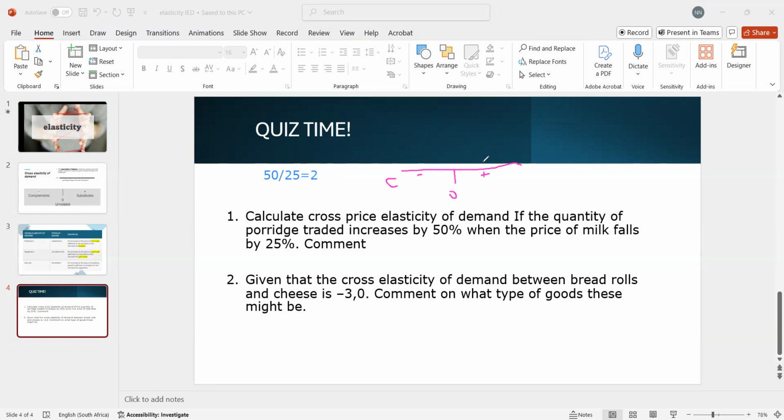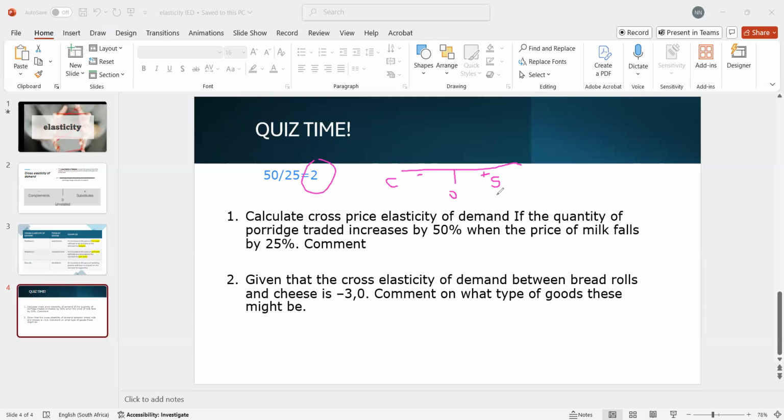I'm just gonna write C, and if they're positive, it means they're substitute goods. So here you got your answer to be 2, and it's positive, so it's a substitute. Okay, so these are substitute goods, porridge and milk. The calculations are telling us it's a substitute, guys. It's not me.